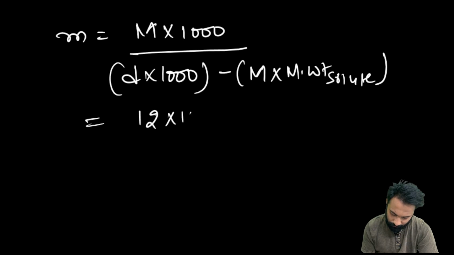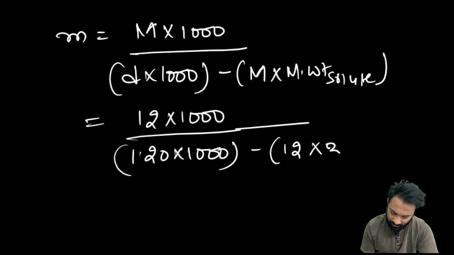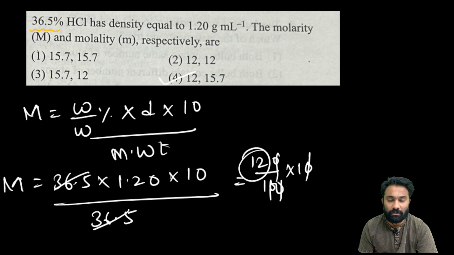So 12 into 1000 by density, 1.20, into 1000 minus molarity 12 into molecular weight of the solute, which is 36.5. If you solve, you will get approximately 15.7. So option number 4 is correct for the given question in the last lecture.